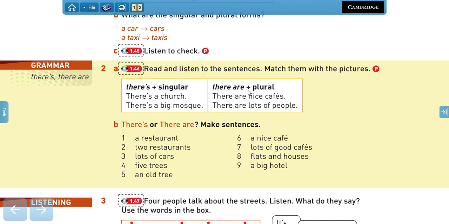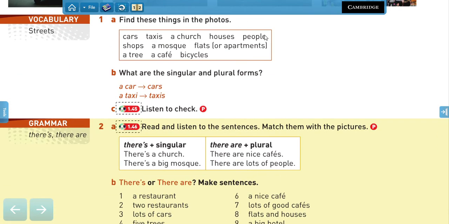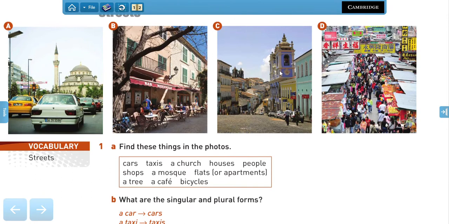That is why it is important for you to understand the difference between singular and plural. For example, here we have there's a church. There's a church, right? There's a big mosque. There's a big mosque. Singular. So, do you remember this from the picture? There's a church, a church, and there's a mosque, right?